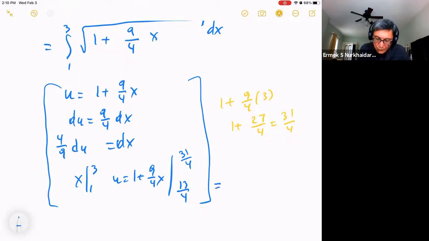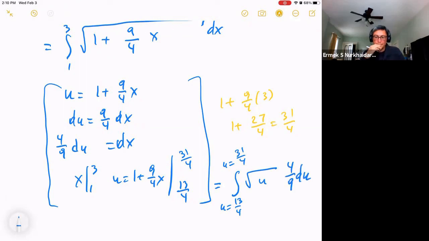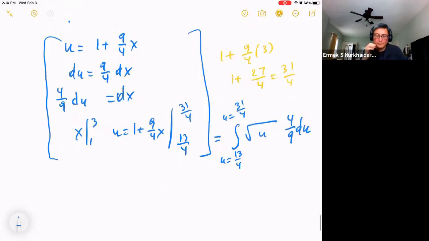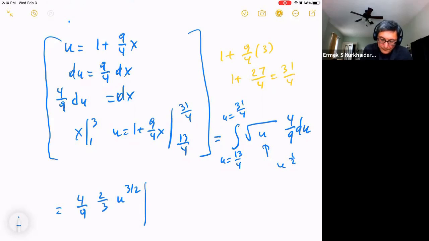So when we do substitution, we're going to get the integral from u equals 13/4 to u equals 31/4 of square root of u, and 4/9 du. So 4/9, we're going to treat square root of u as u to the 1/2. The antiderivative of u to the 1/2 is u to the 3/2, multiplied by the reciprocal 2/3, and we do it from 13/4 to 31/4.